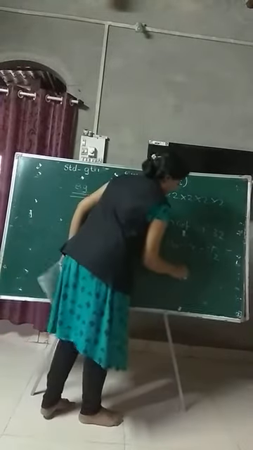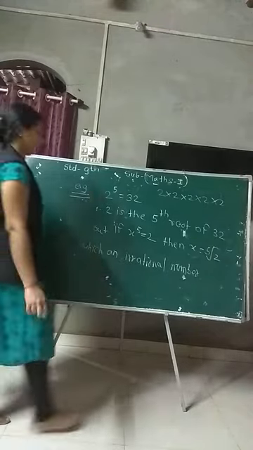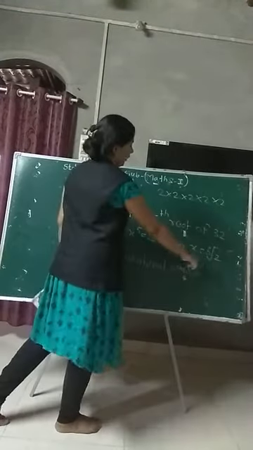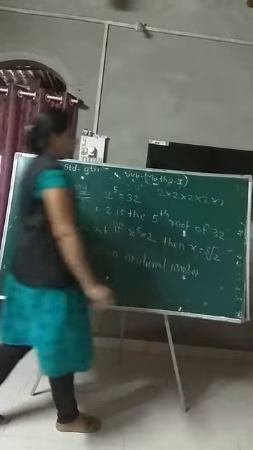If we find the fifth root of 2, then we get an irrational number.